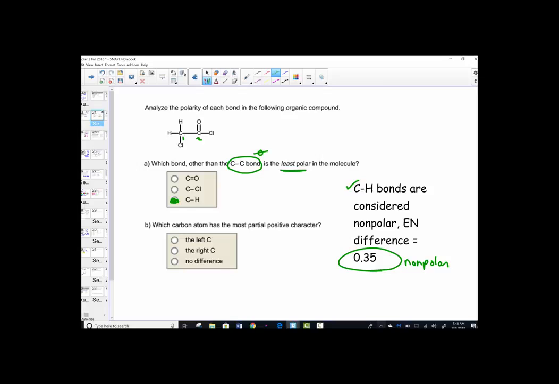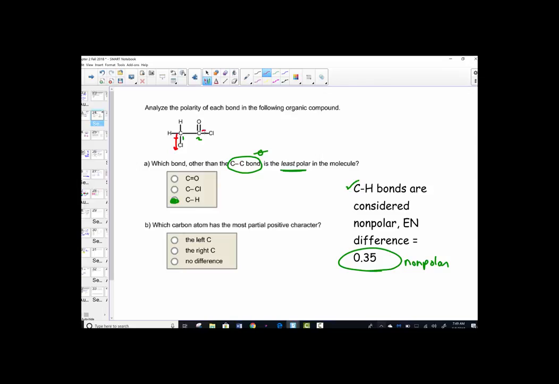Which carbon atom has the most partial positive charge? What we're being asked here is, considering what's attached to the carbons, who's pulling the electron density furthest away? With carbon 1, the only vector quantity we have is the distribution of charge towards the chlorine. That's a polar bond, but C and H aren't really unequal at all.